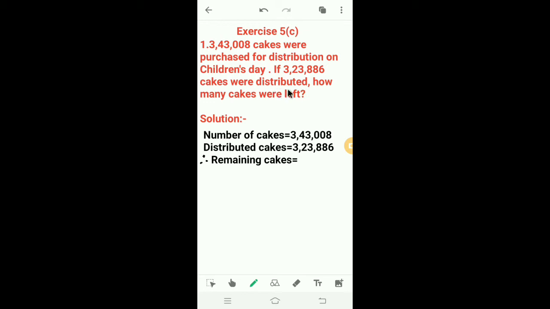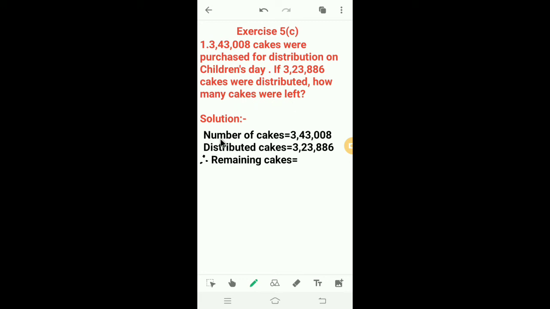Here we have to find out how many cakes were left.